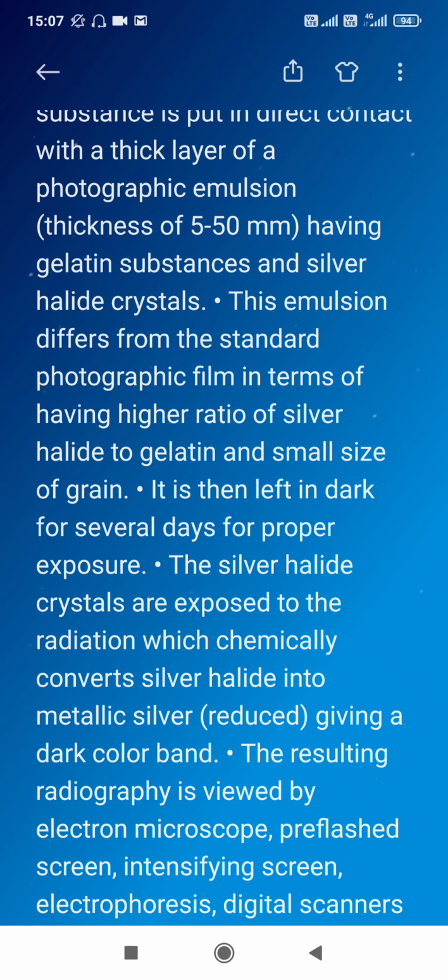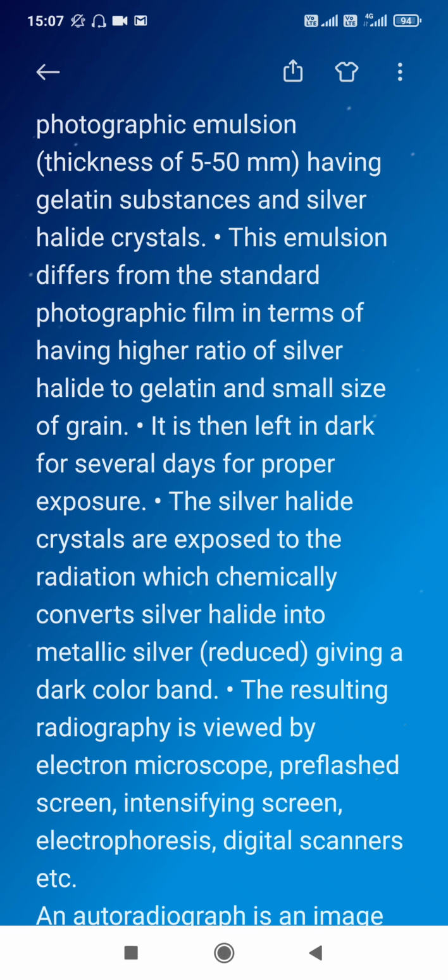That means the quantity of silver halide is quite a bit greater than gelatin in this photographic film, and the grains are small in size. And then it is left in the dark for several days for proper exposure.